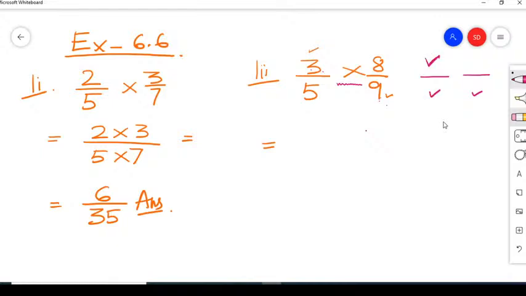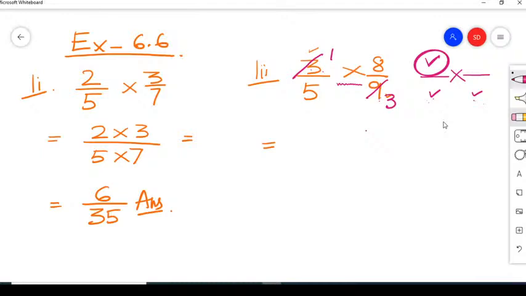So you can basically cancel or reduce the fraction by using any one numerator and any one of the denominators. So I can write here 3 ones are 3, 3 threes are 9.